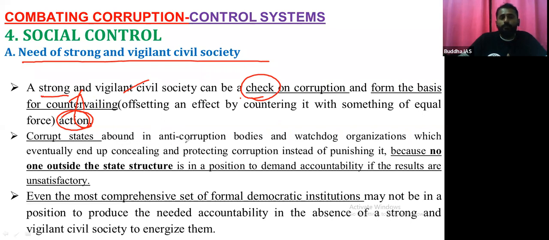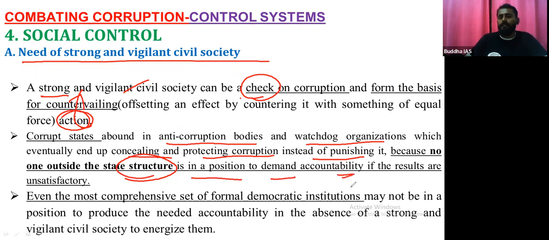Corrupt states bind anti-corruption bodies and watchdog bodies, which eventually end up concealing and protecting the corruption instead of punishing it, because no one outside the state structure is in a position to demand accountability if the results are unsatisfactory. Very important. So in most of the cases, these anti-corruption bodies or watchdog organizations are not effective.